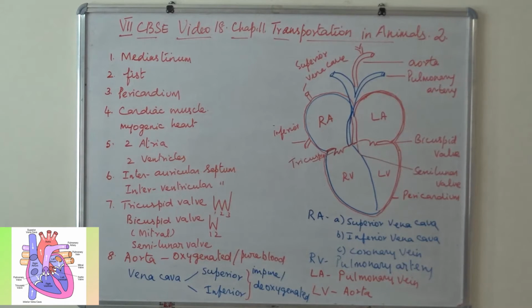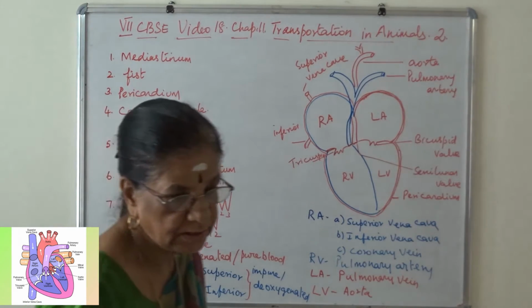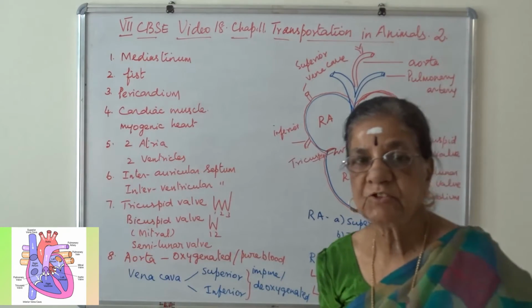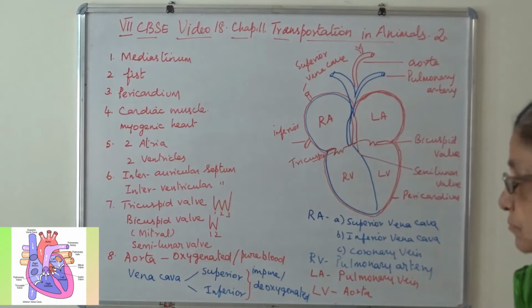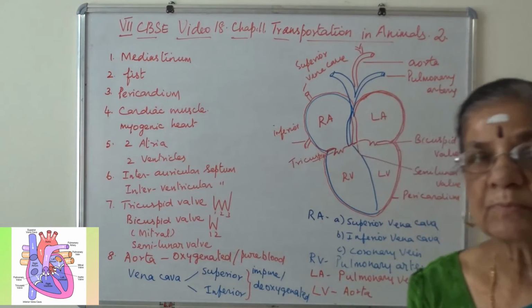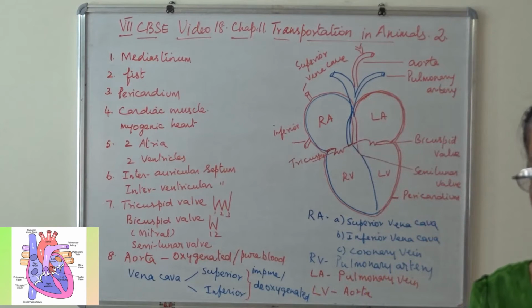Aorta spelling: A-O-R-T-A. Aorta distributes oxygenated blood or pure blood to various parts of the body.